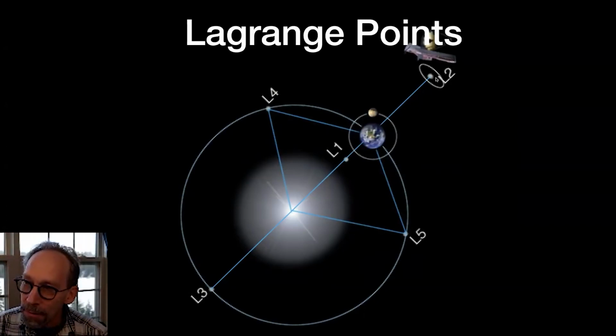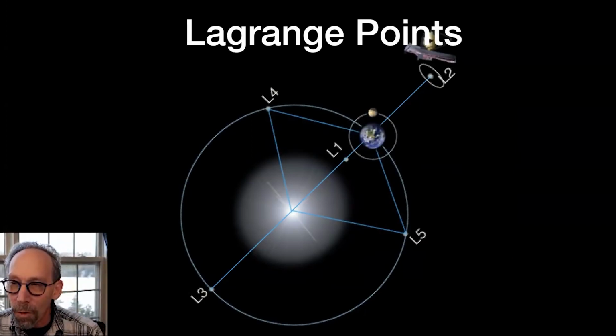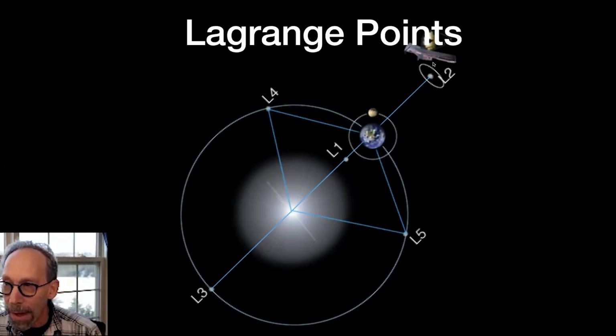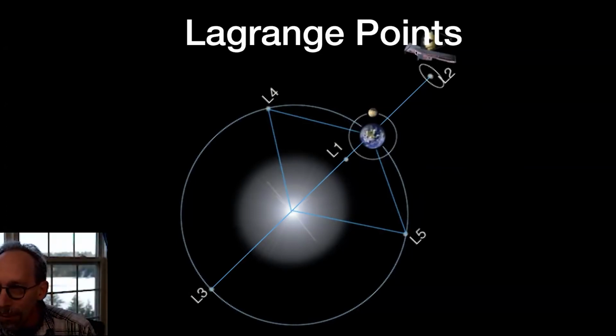And this, by the way, this second Lagrange point is what's called an unstable Lagrange point. Namely, small perturbations will move objects away from it. So the James Webb Space Telescope, as the WMAP, Cosmic Microwave Background Telescope, has to have a little bit of jet propulsion and a few little thrusters to keep it stable during that time.